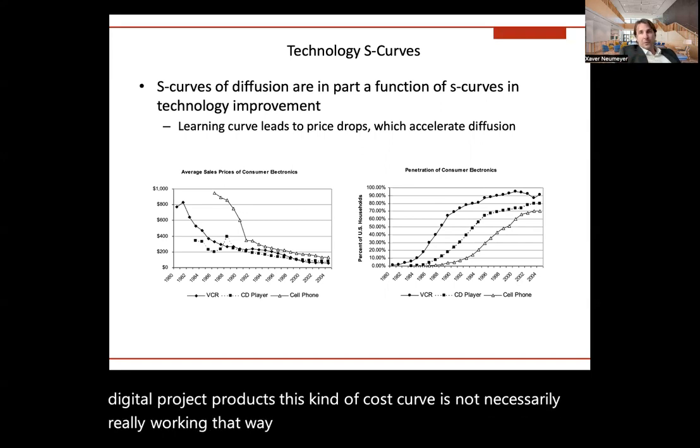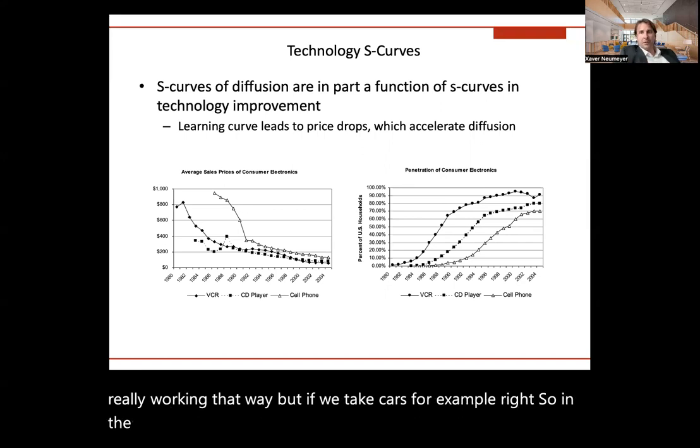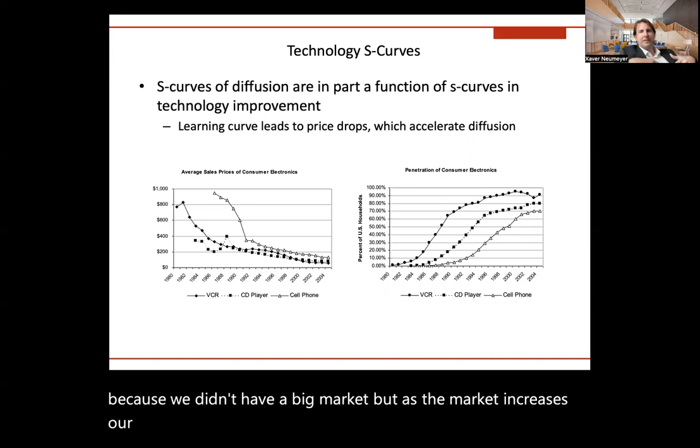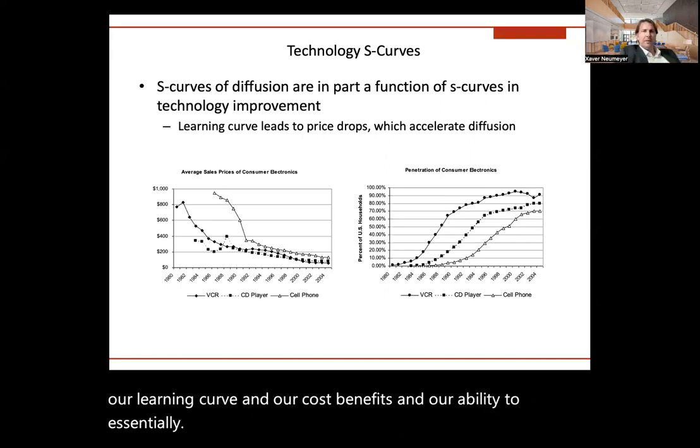But if we take cars, for example, in the beginning, developing and producing cars was expensive because we didn't have a big market. But as the market increases, our learning curve, our cost benefits, and our ability to scale at a cheaper price become more pronounced, right?